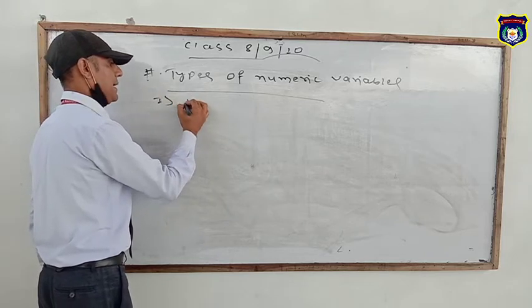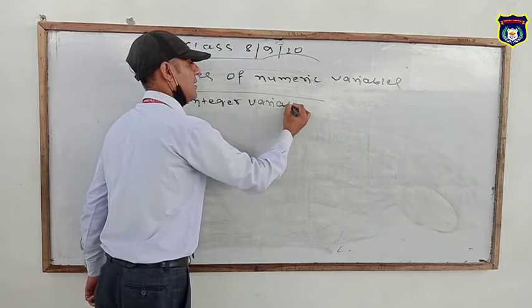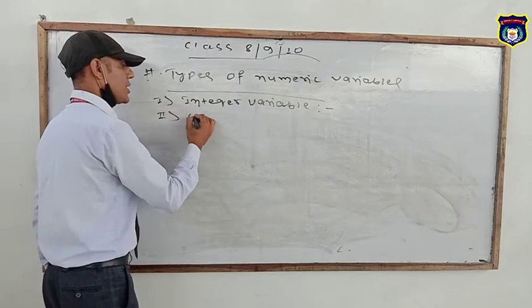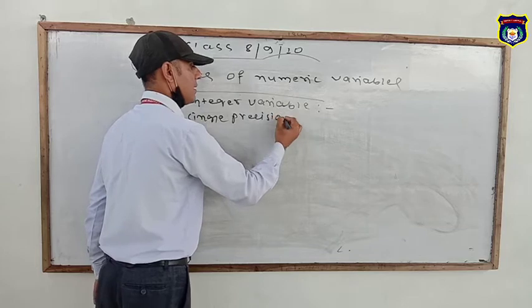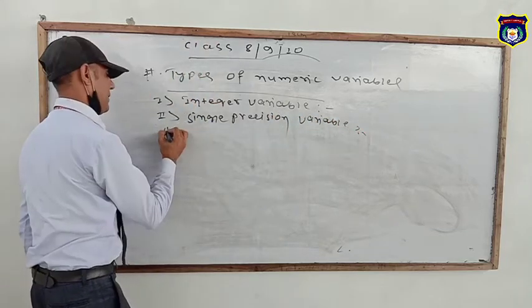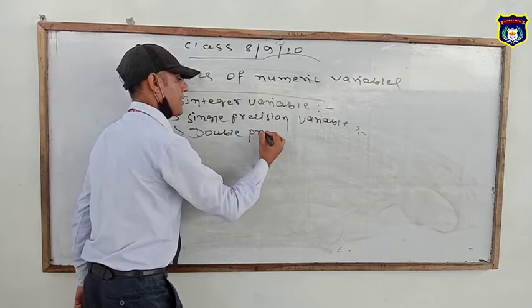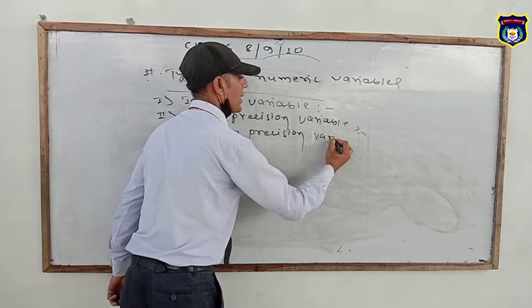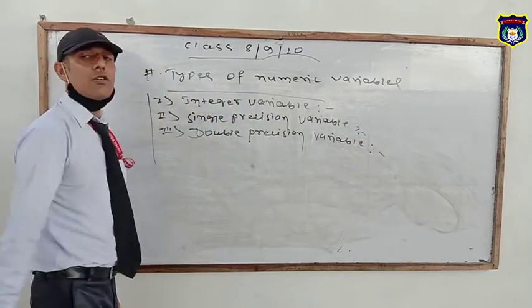Number one, integer variable, which stores integer constants. Number two, single precision variable, which stores single precision constants. And number three is the double precision variable, which stores double precision constants. All are numeric variables, and all store numeric constants.